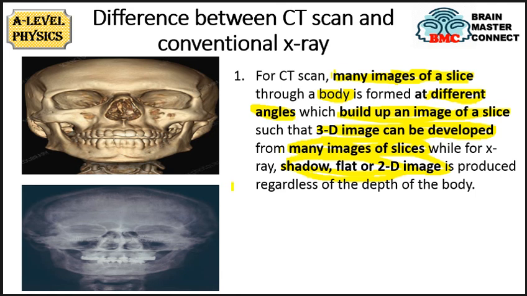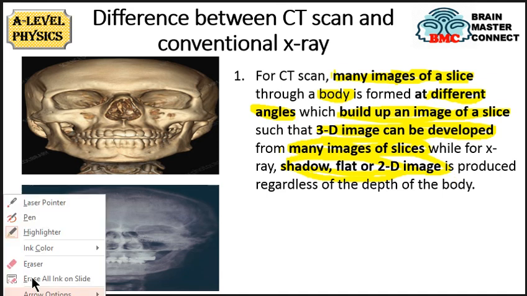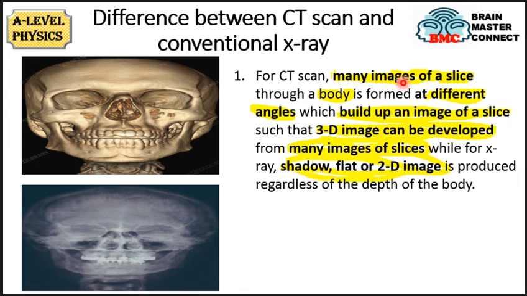Okay, so this is the obvious difference between the CT scan and the conventional X-ray. From this very first point, you can earn as much as 4 to 5 marks in your exam if you are asked to state the difference between a CT scan and an X-ray.